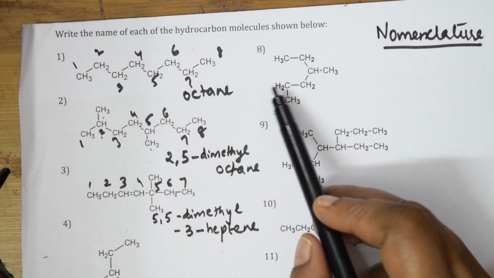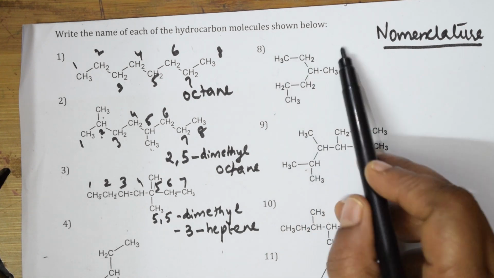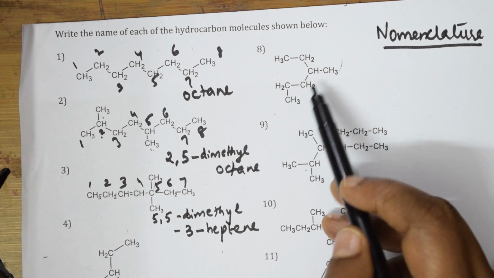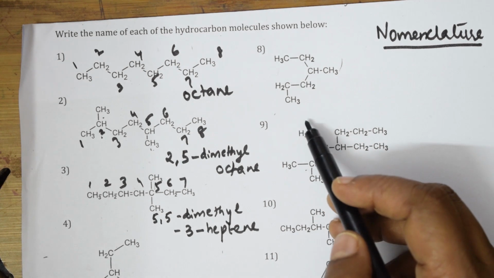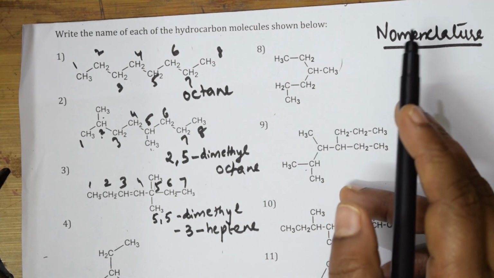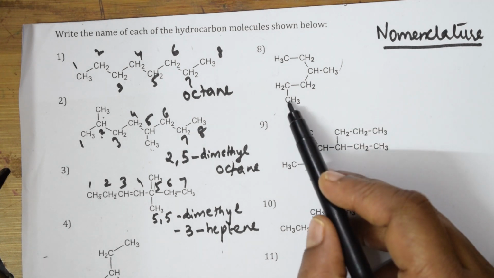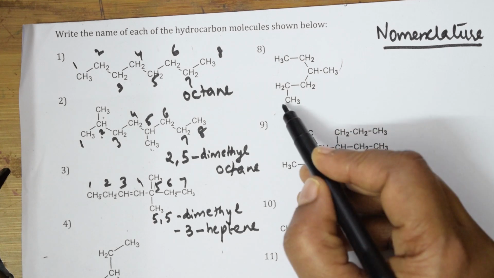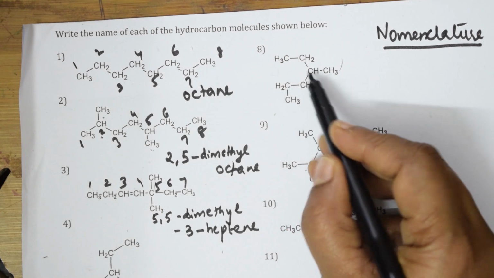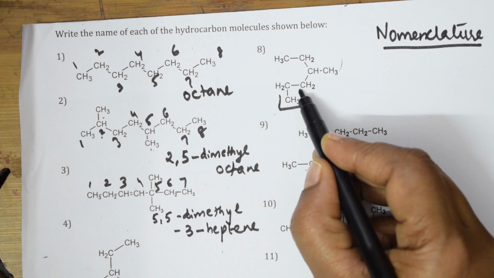Now suppose if I consider this one as the longest chain, 1 2 3 4 5 6. Okay, right? So I can go with the longest chain, hexene. Now what are the substituents here? This is a substituent. Methyl group is one substituent. So I'll start from here like this one, 1 2 3 4 5 6. So the longest chain would be this one.